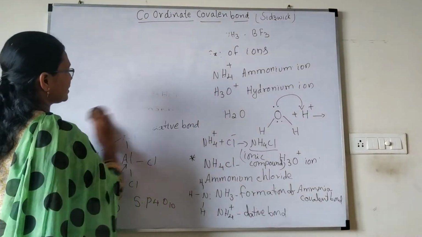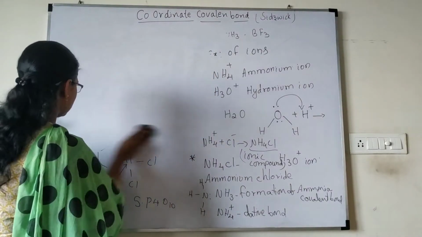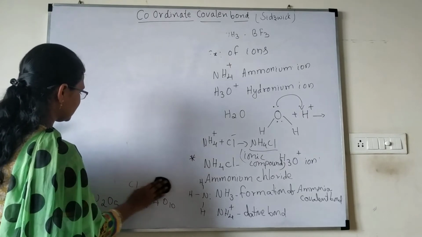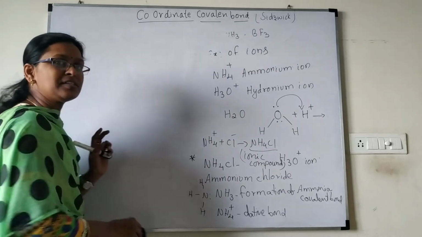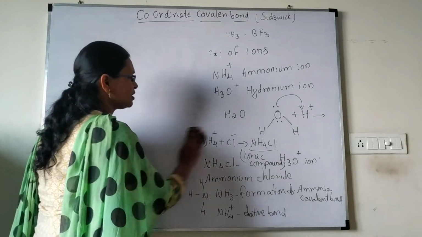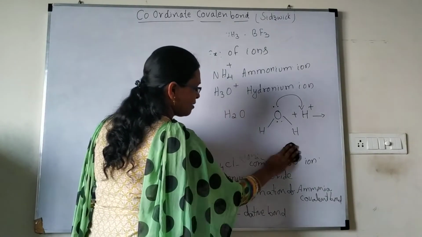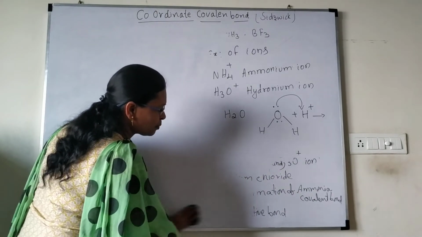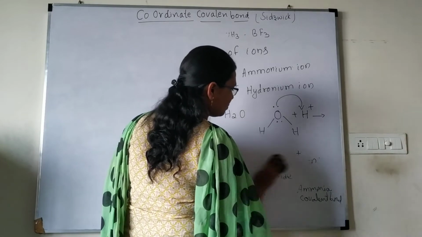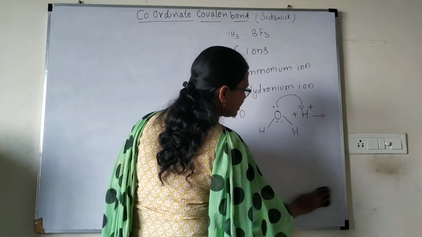So physical properties, the same thing, like ionic compounds which we discussed, ionic compounds are solids, right? Solids in the sense that they have more density. So because of the higher density, they have high melting points and boiling points. In case of covalent compounds, what we discussed? Covalent compounds have low melting points and boiling points.